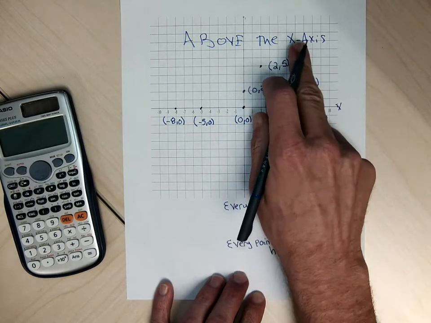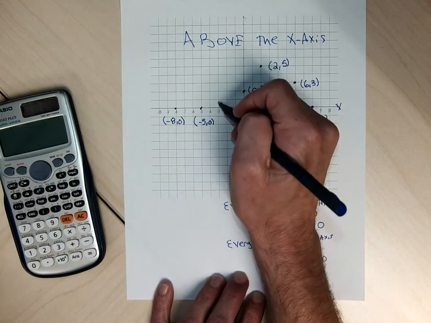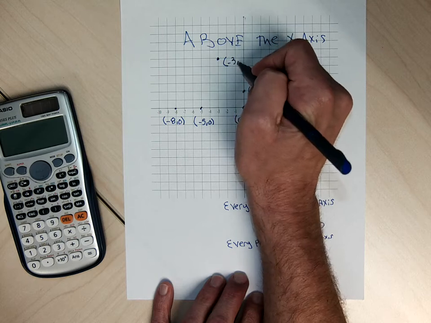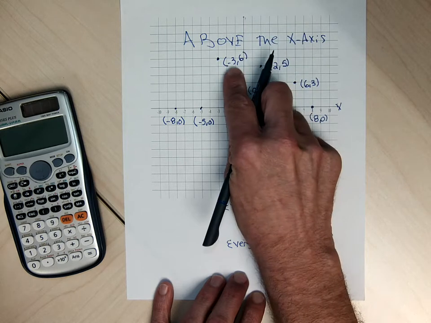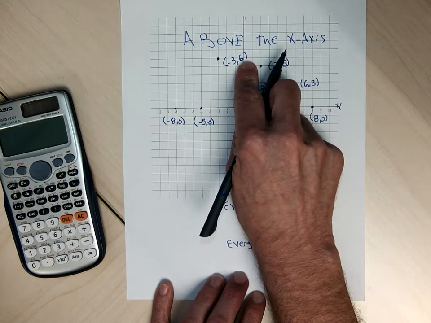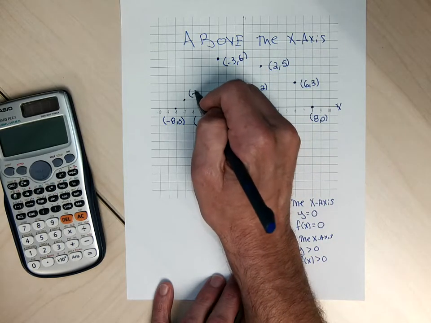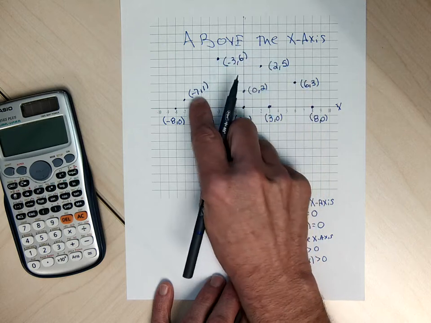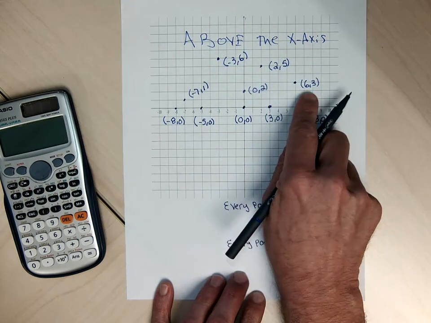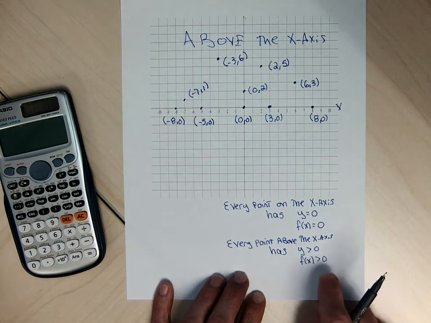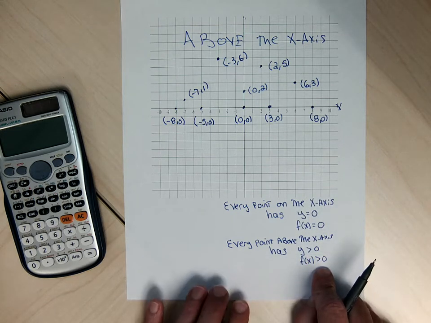All of these points are above the x-axis. Similarly, maybe the point (-3, 6). Even though the x is negative, the y is positive because the point's above the x-axis. Or maybe the point (-7, 1). Doesn't matter whether the x is negative, positive, or 0. If a point is above the x-axis, the y's are greater than 0. The f of x is greater than 0.